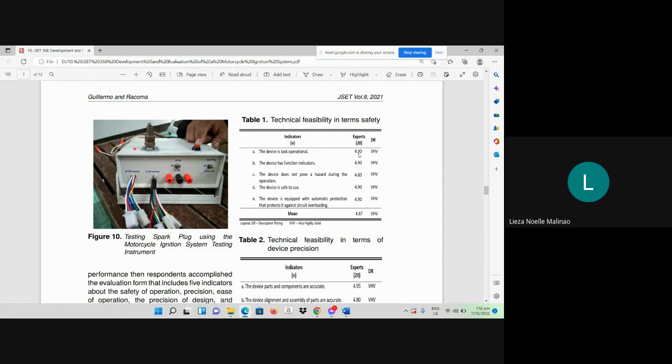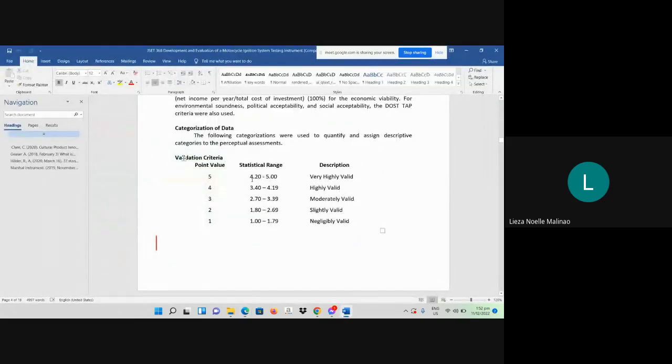The average given by the 20 experts, the average rating here, is 4.90. So if you look here at the Word file, 4.90 means that the rating given by the experts, that's already the average rating, means very good.